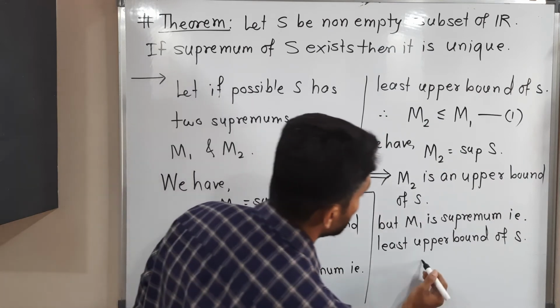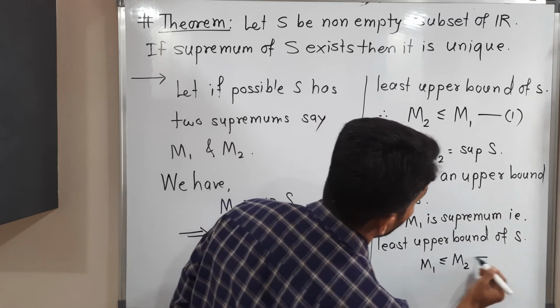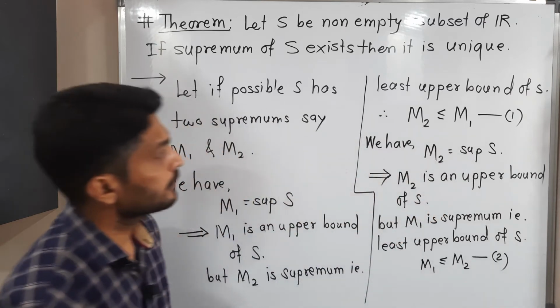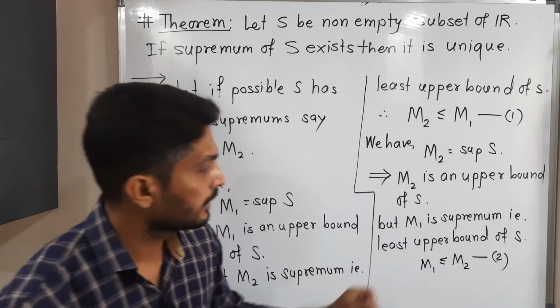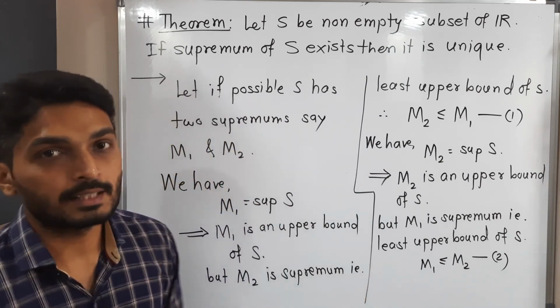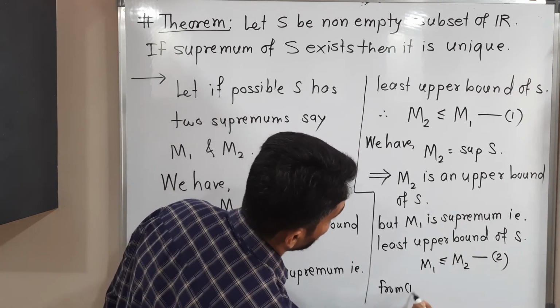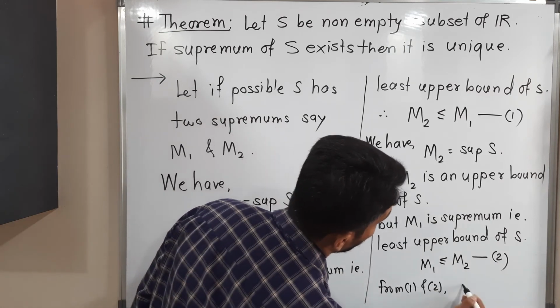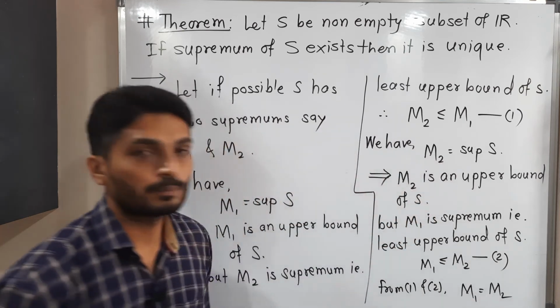So obviously M1 is less than or equal to M2. This is 2. Here 1 says M2 is less than or equal to M1, and 2 says M1 is less than or equal to M2. So from 1 and 2, what we get? M1 is equal to M2.